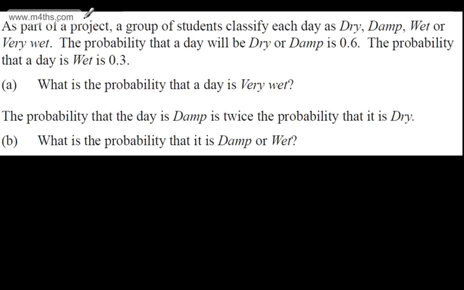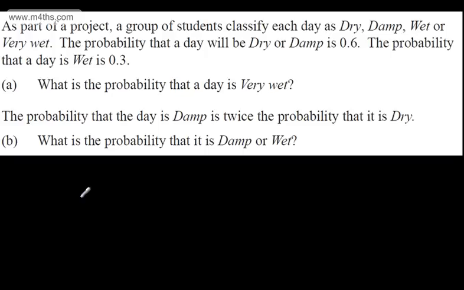Okay, as part of a project, a group of students classify each day as dry, damp, wet, or very wet. The probability that a day will be dry or damp is 0.6. The probability that a day is wet is 0.3. In part A, it says, what is the probability that a day is very wet? Remember, these have now 4 possible outcomes.